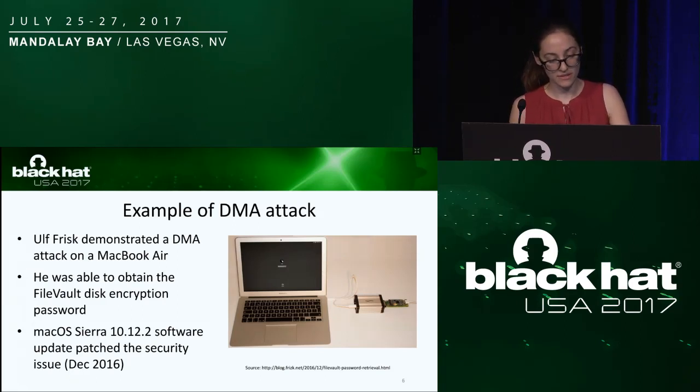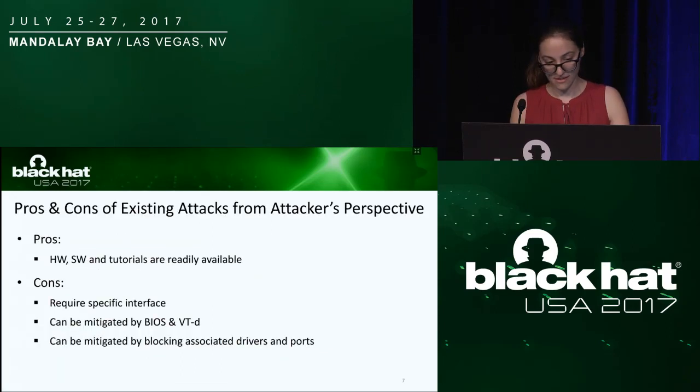He described a vulnerability that allowed a DMA attack, and through that he was able to obtain the FileVault disk encryption password for that MacBook Air. Just to be clear, this vulnerability was patched in that version of macOS in December 2016.